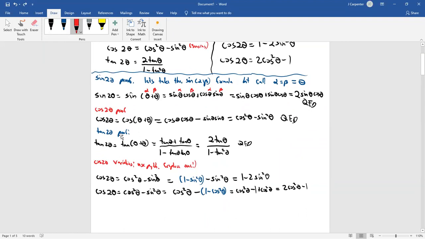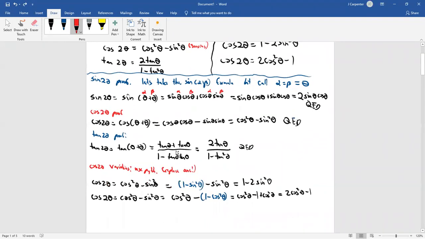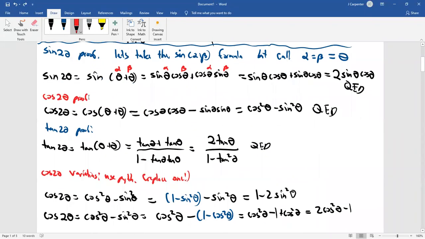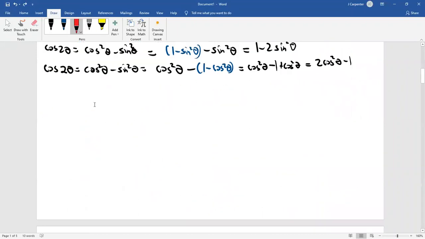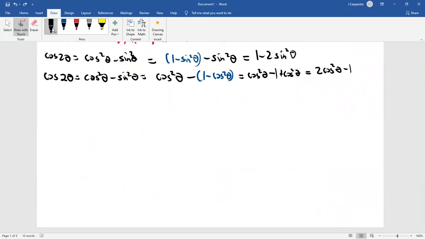Okay, so I know we're all excited to use these, so let's try some. For example 1, we're going to say if the sine of theta is equal to 5/13, and theta is in quadrant 2.